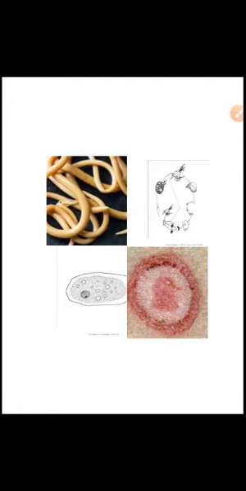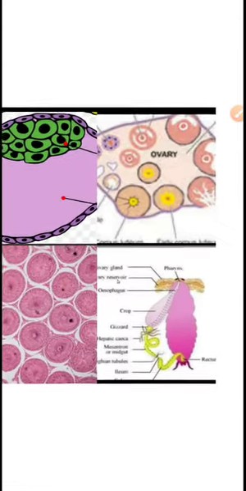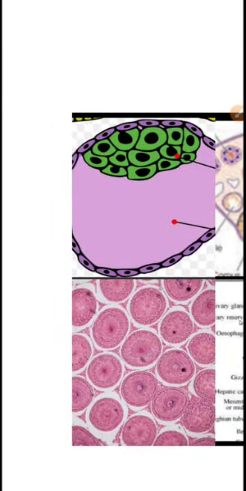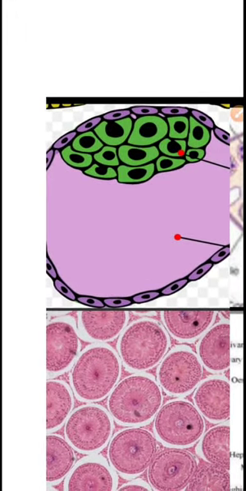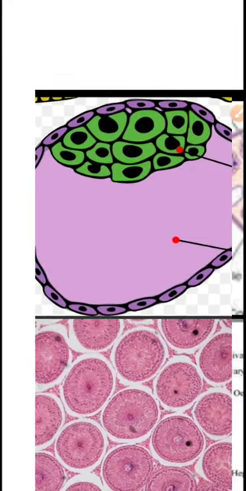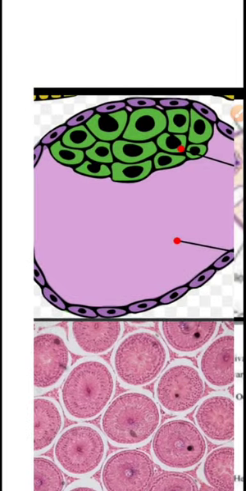Then next is identify the embryology slides. First one is TS of blastula. You have to label one part, or 2 parts, whatever the examiner asks you to do.